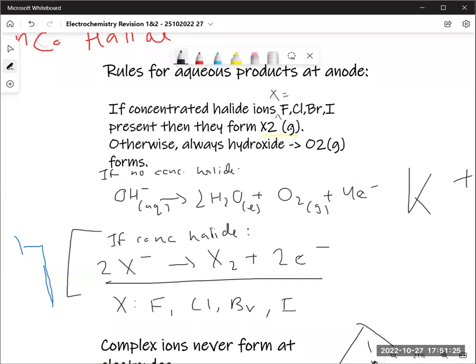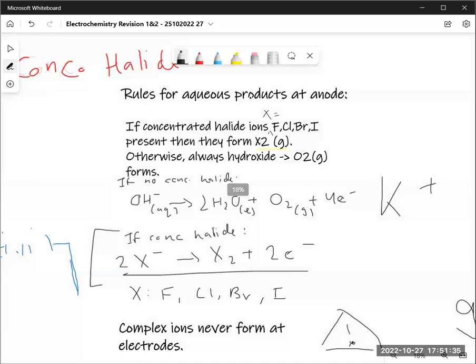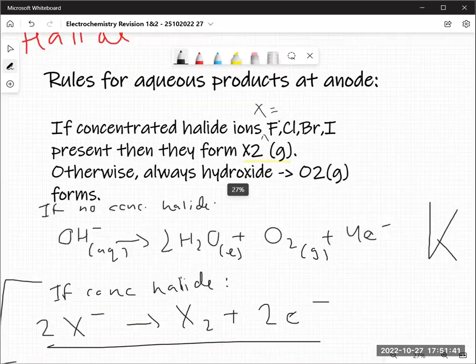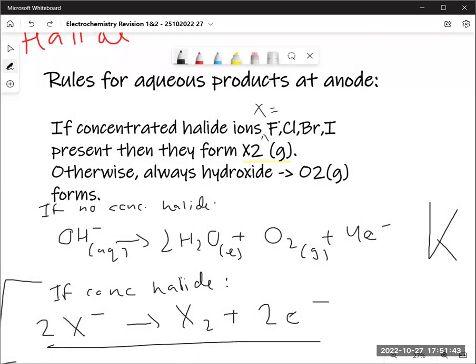Just add X2 gas and before F, write X is equals to. If you can, also put a negative sign after all of these. That's it.